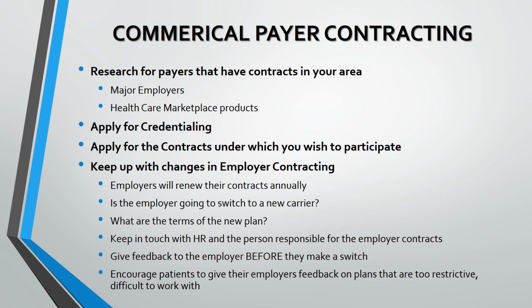And if you don't keep up with those changes and find out ahead of time from the employer's HR department that a contracting change is going to be taking place, you won't know to apply for those contracts and be ready when those contracts change.